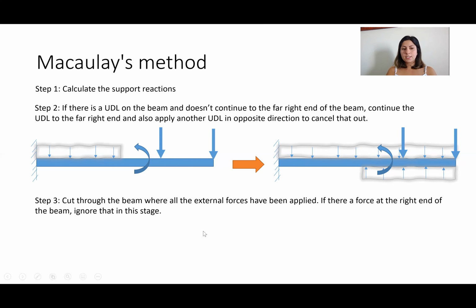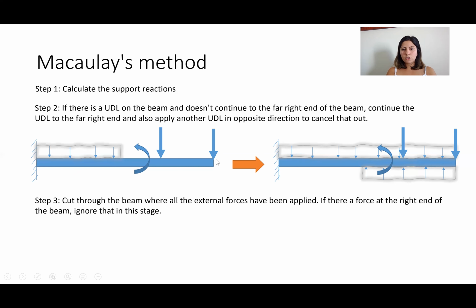The third step is to have a cut. You need to have a cut through the beam wherever all the loading has been applied. As you can see, we have one loading at the end of the beam.